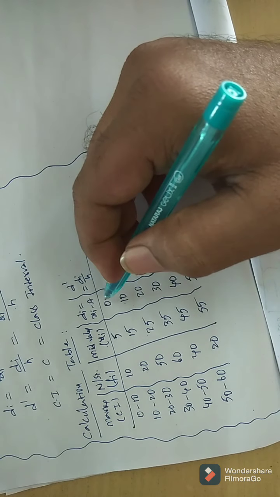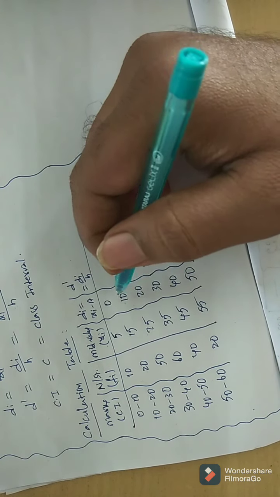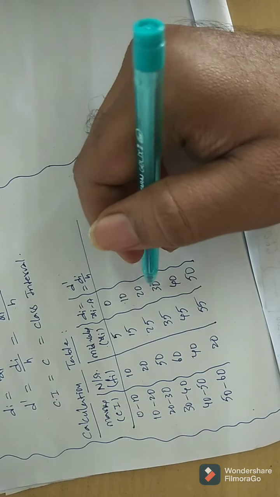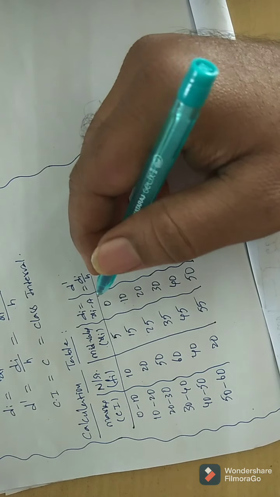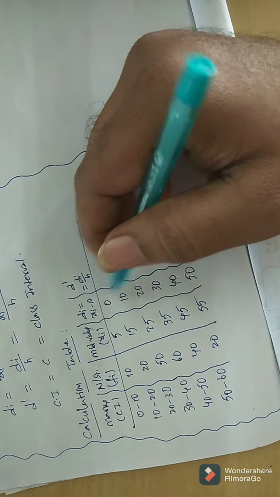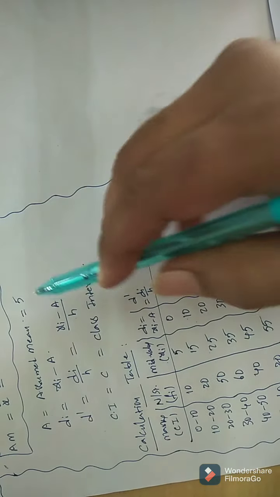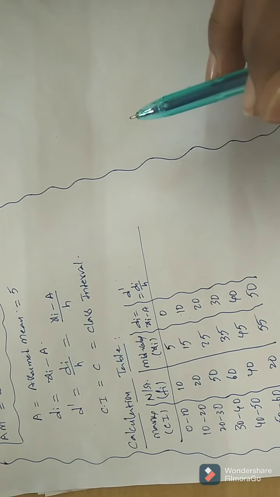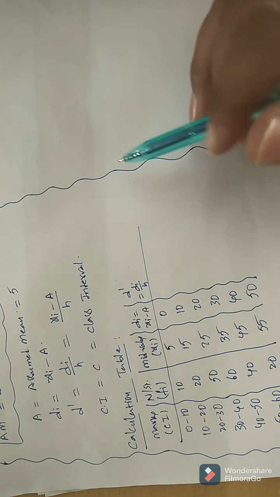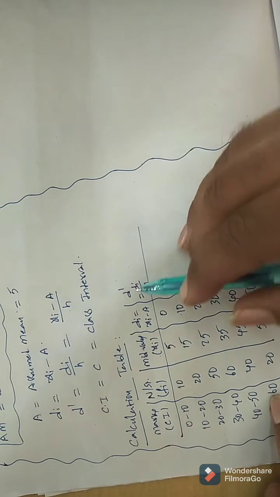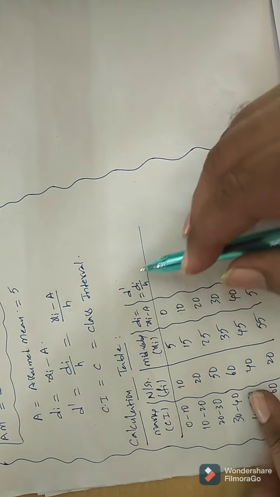If you see the di values, all are multiples of 10. So I feel it is better to have h as 10. Remember, to have this A value and h value, there is no formula; it is all observation and experience. So I am assuming h as 10.